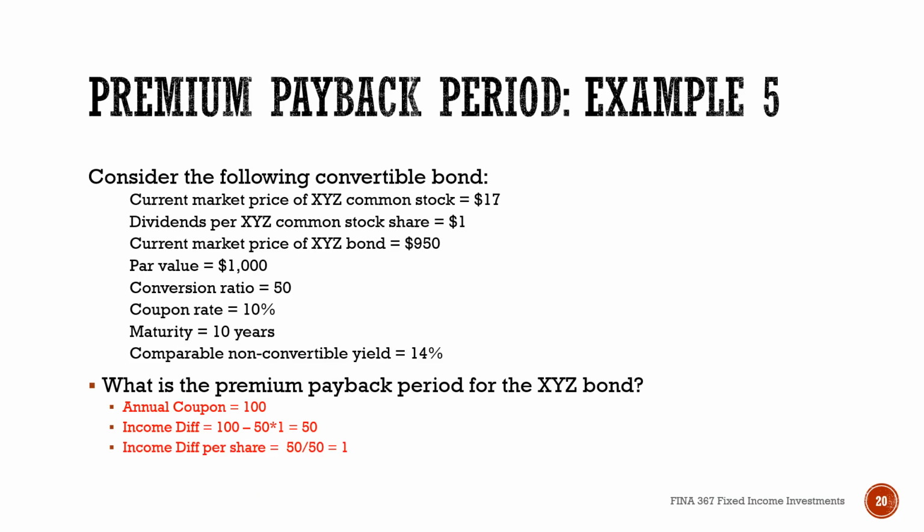Then you want to turn it into a per share number by dividing it by the conversion ratio. So 50 over 50 equals 1. The income differential per share is $1. Previously, in the last slide, we calculated the conversion premium of $2.